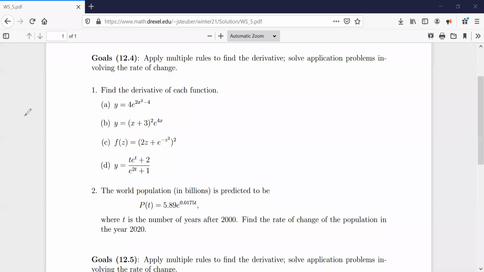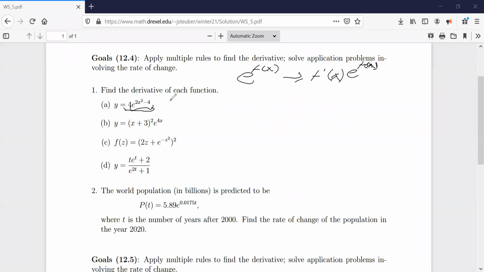Okay, so the derivative of 4e to the 2x squared minus 4. This is basically just a chain rule. So e to the f of x, the derivative of that is going to be f prime of x times e to the f of x.